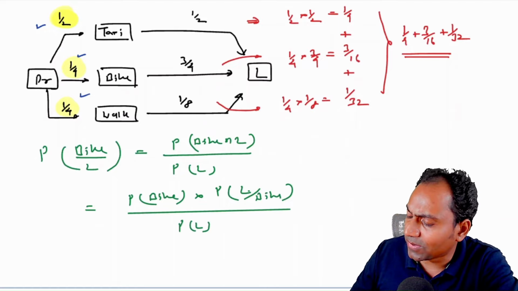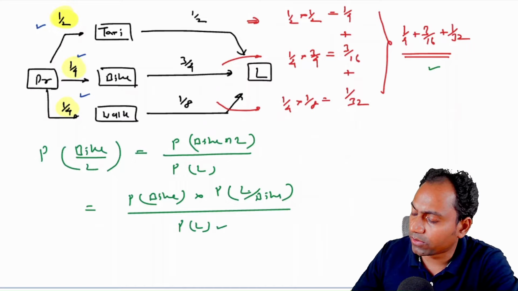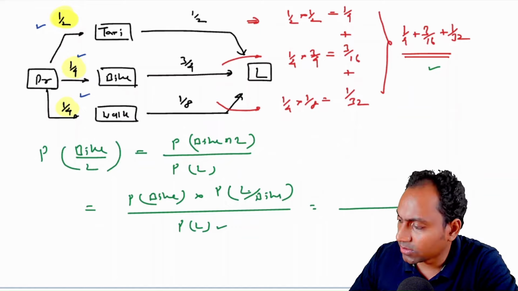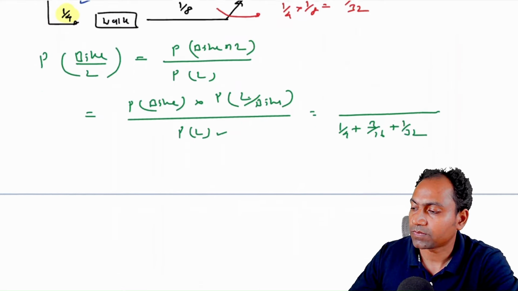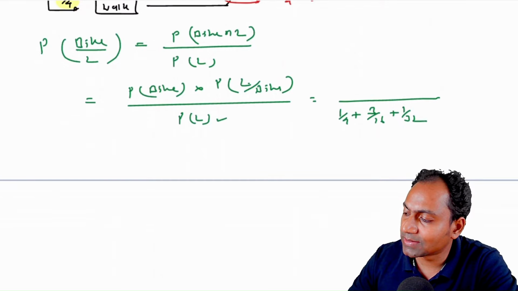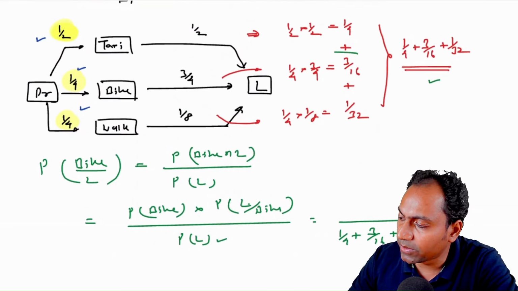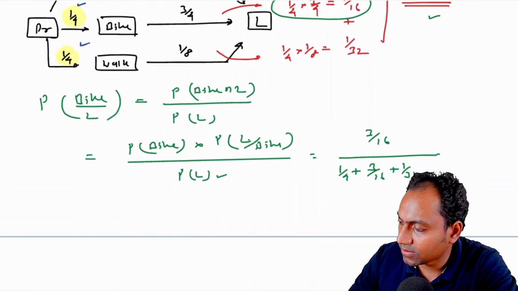Now this is very simple to calculate because this denominator we can get from total probability theorem. This answer we already got. So I can write it down here as 1 by 4 plus 3 by 16 plus 1 by 32, and the numerator part is nothing but this middle statement only, whatever we are writing here. So this becomes 3 by 16.